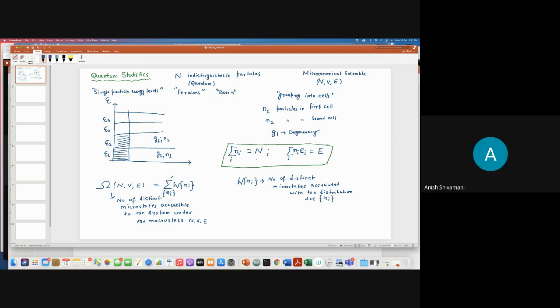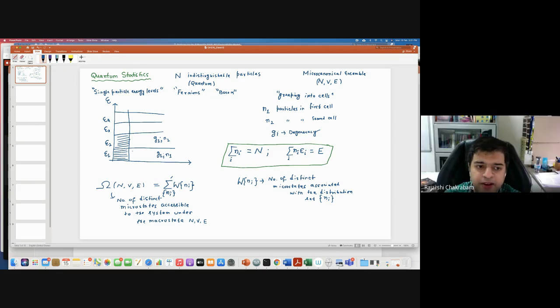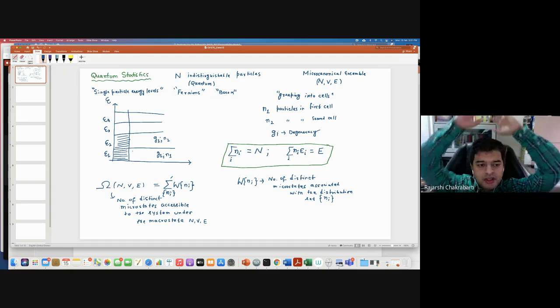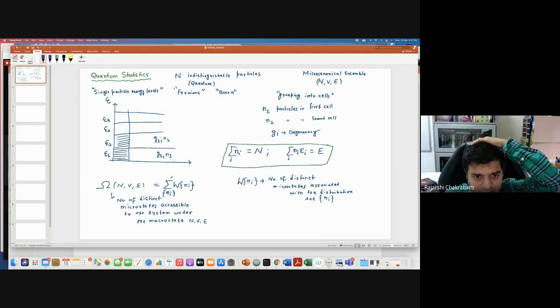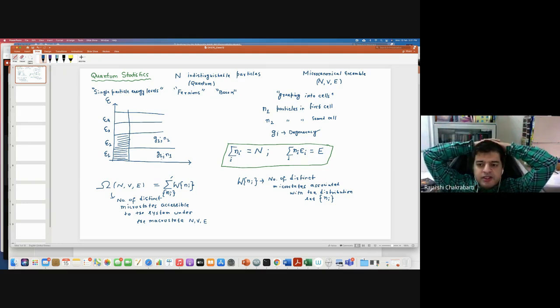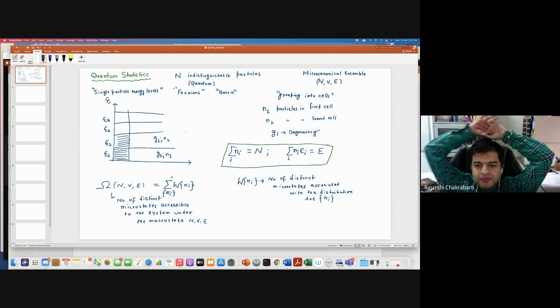Now I have divided the single particle energy levels into cells like epsilon 1, epsilon 2, epsilon 3. In cell epsilon 1, I have N1 particles and G1 is the degeneracy. Now just look carefully: G1, G2, all these are fine, but what about N1, N2, N3? Are they the same?